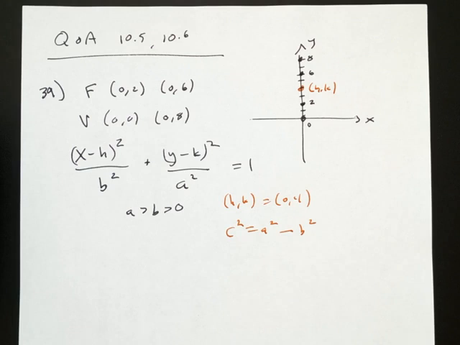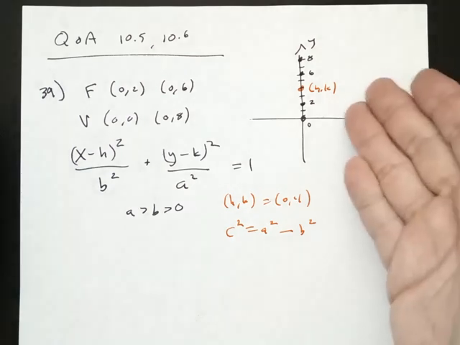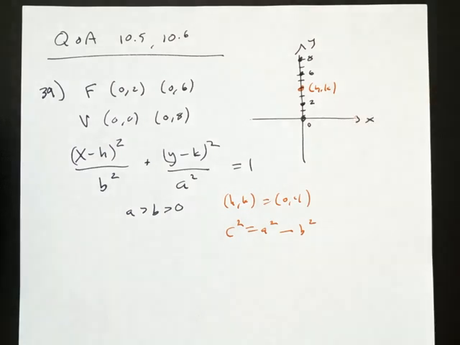a, b, and c come from points on and related to my ellipse. Which of those numbers can I get from here? And what is a? How?